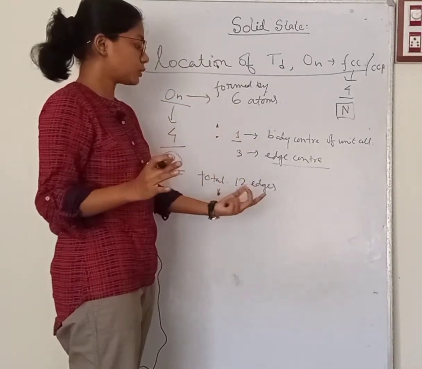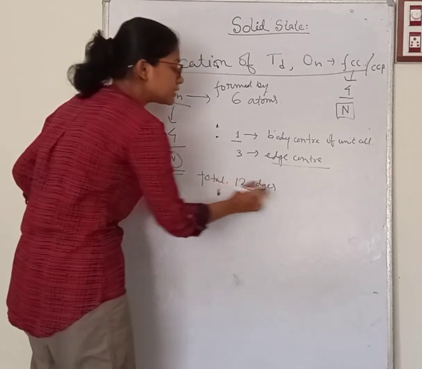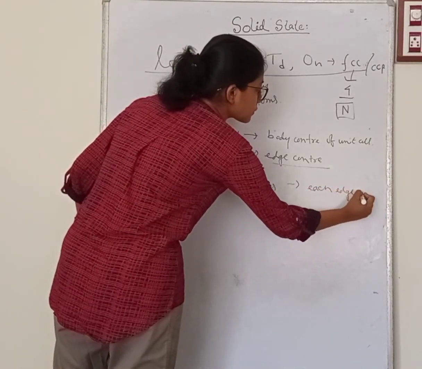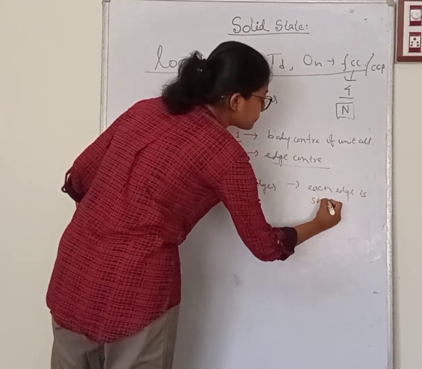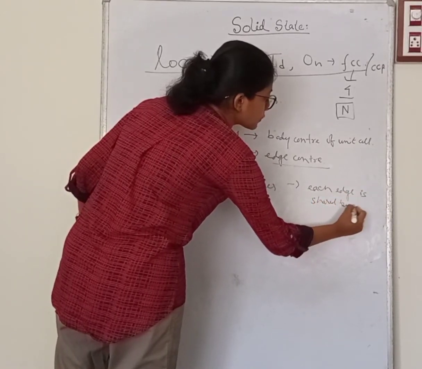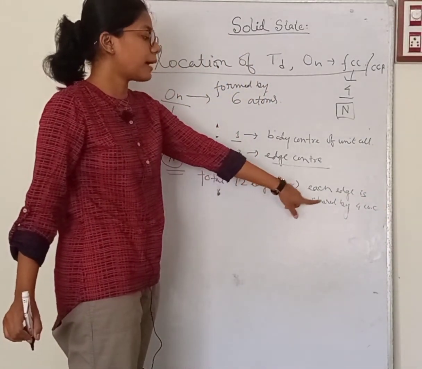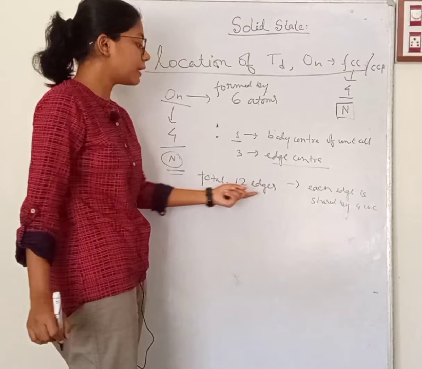In a cube we have a total of 12 edges, and each edge is shared by 4 unit cells.